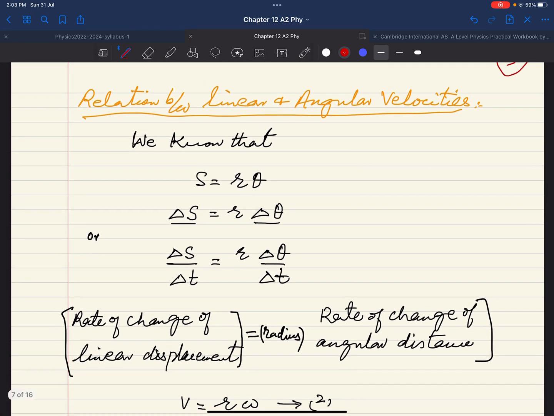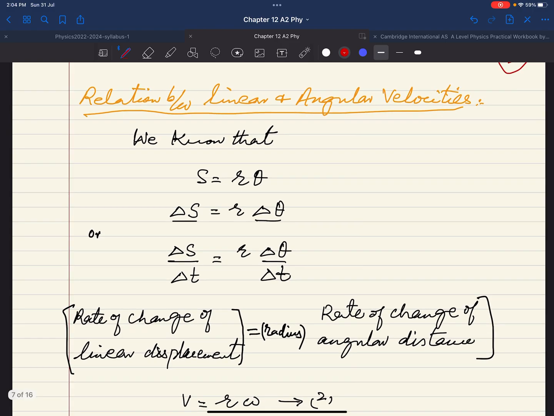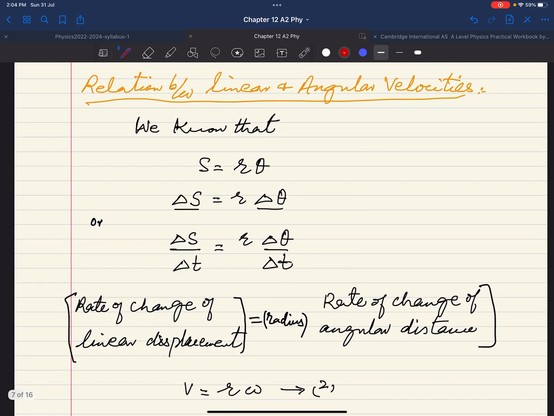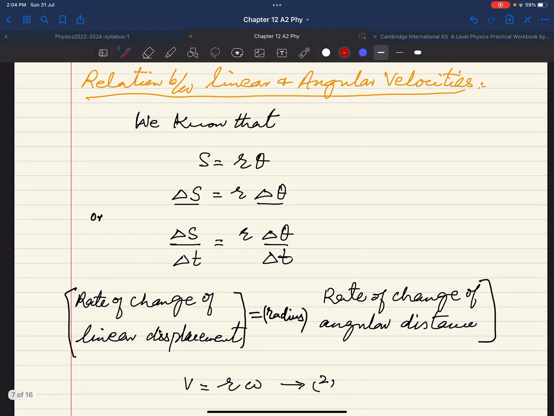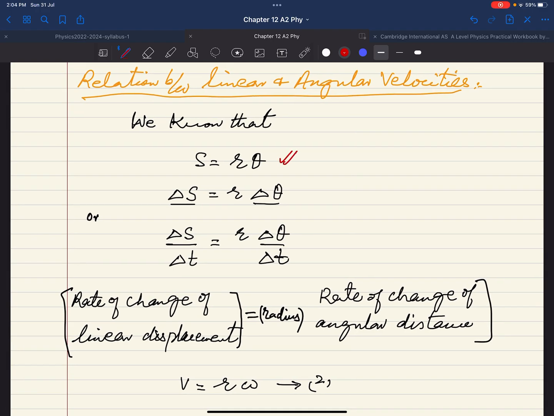Then we have the relation between linear and angular velocities. As in the last discussion, we discussed s is equal to r theta. By taking help from this concept, if you want to find the rate of change, you have to divide both sides of the equation by delta t.